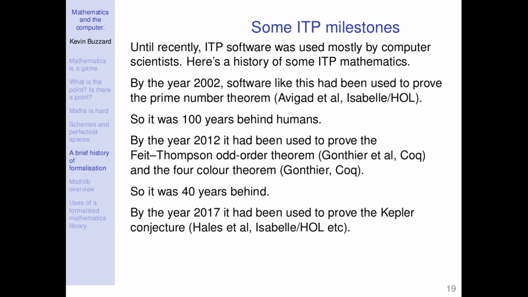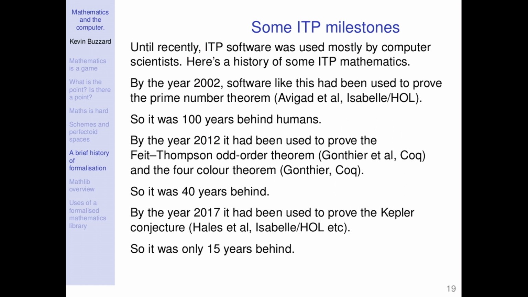You say you've checked that using a computer program, but we're not capable of verifying that that program has no bugs. And so Hales was incensed by this response from the Annals and said, all right, I'm going to check this proof in an interactive theorem prover. And he did it. And again, that was like 20 people and 12 years. Another gigantic project. But now we're only 15 years behind.